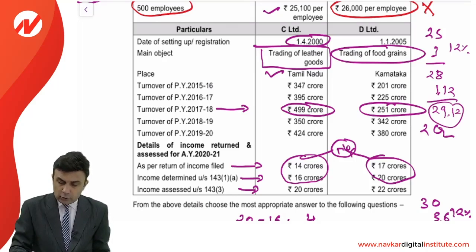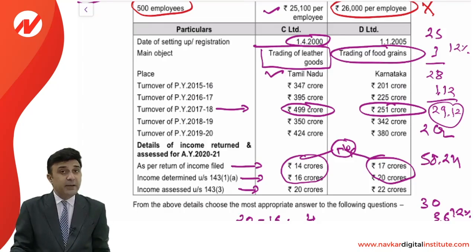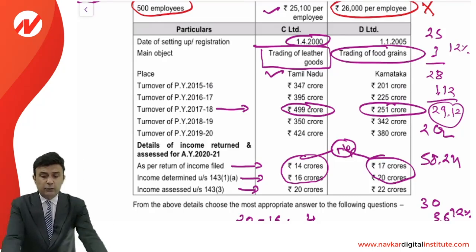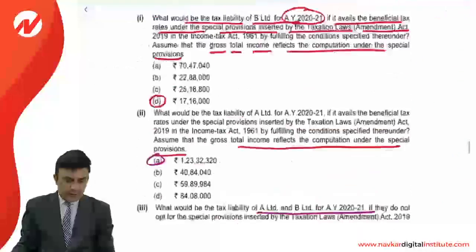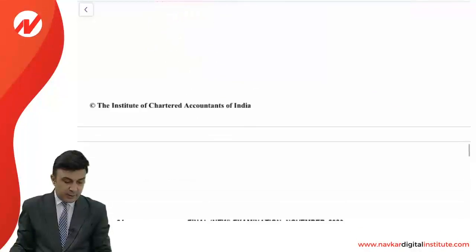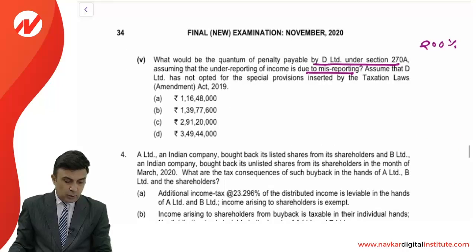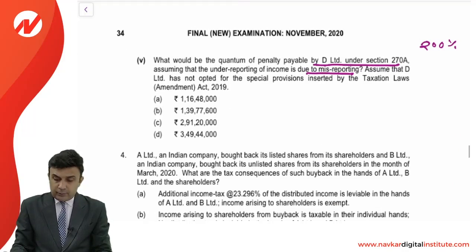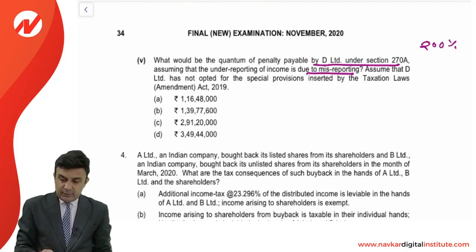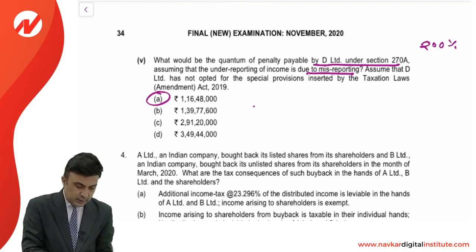Your 2 crore, which is subjected to penalty, at 29.12% would be giving you 58,24,000. Your penalty will be double. Penalty will be 200% of your tax payable. So friends, your penalty is apparently coming to 1 crore 16,48,000 rupees.